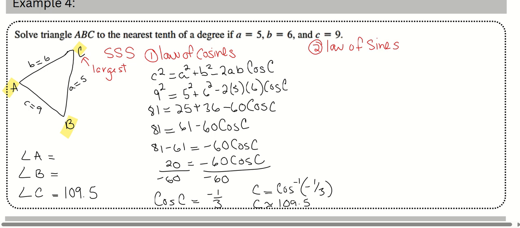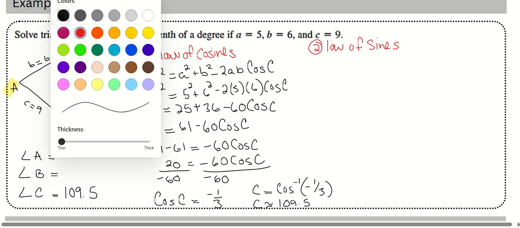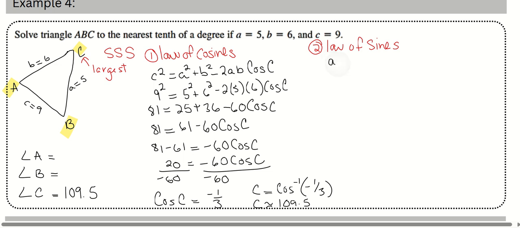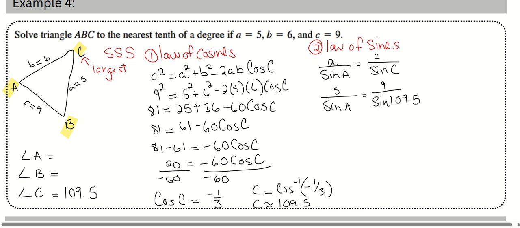Let's go ahead and find angle A. We know that little a over sine A is equal to little c over sine C. Little a happened to be 5, we want to find sine A, c is equal to 9, and sine of 109.5.